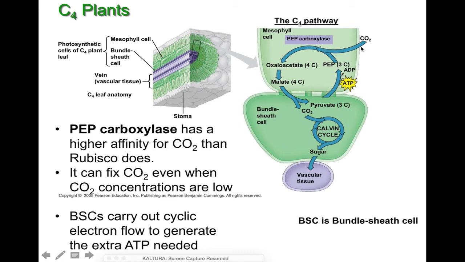PEP carboxylase will capture the carbon dioxide and will make oxaloacetate, which is an organic molecule, which is converted to malate through a chemical reaction. And malate is going to pass through plasmodesmata in bundle sheath cells and is broken down into a pyruvate organic molecule and carbon dioxide. This carbon dioxide, because there's more of carbon dioxide, this process is increasing the carbon dioxide concentration in bundle sheath cells.